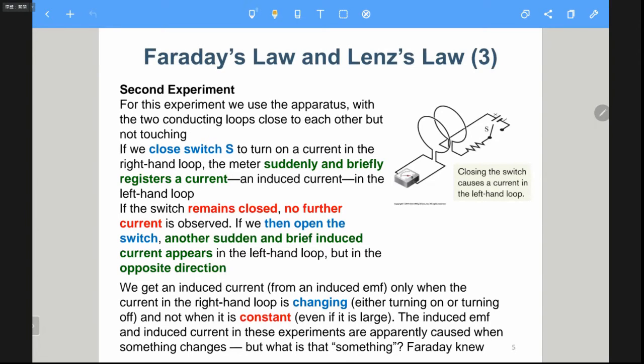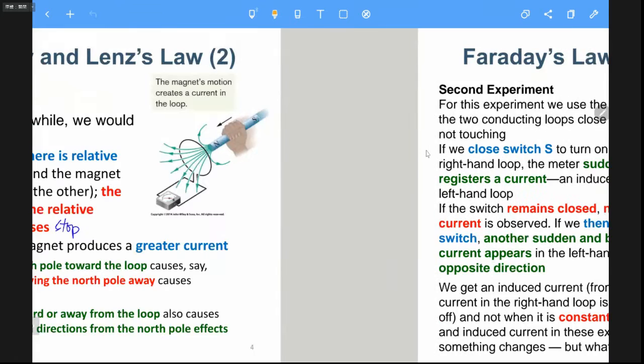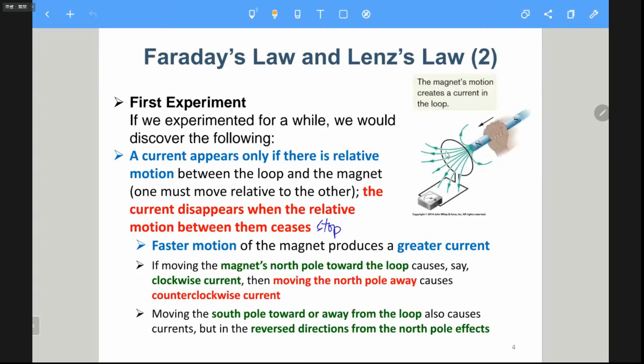Changing is very important. Changing means the magnetic field, or actually the magnetic flux going through this loop, is changing. So in this case, you can imagine when the region is close to this magnet bar, the magnetic field is stronger. For this side, the magnetic field here is weaker.